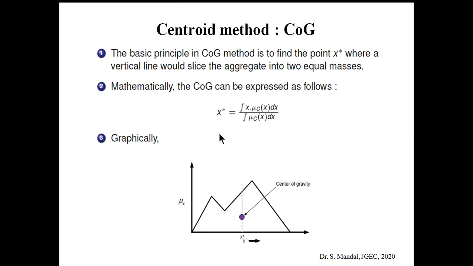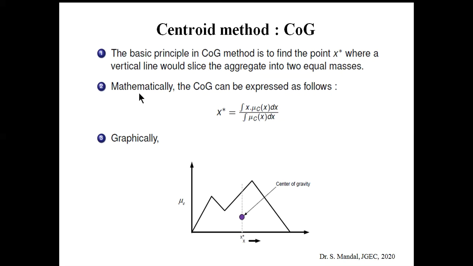Now coming to the COG method. The basic principle in the COG method is to find the point x dash where a vertical line would slice the aggregate into two equal masses. Here you can see the membership graph with respect to x and mu. So we need to find this point that denotes the center of gravity.